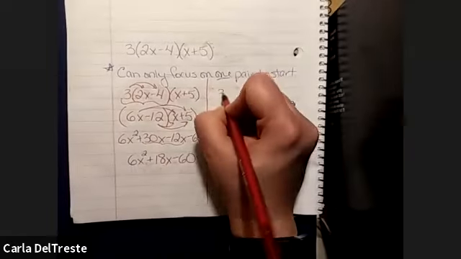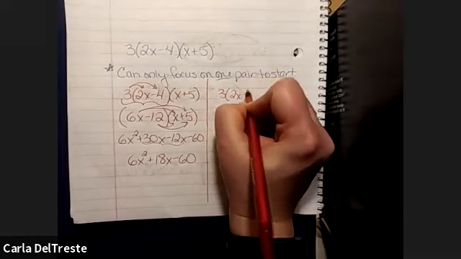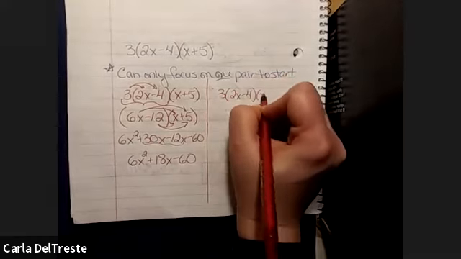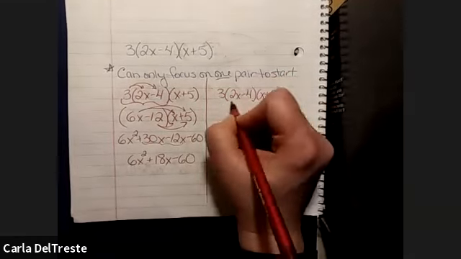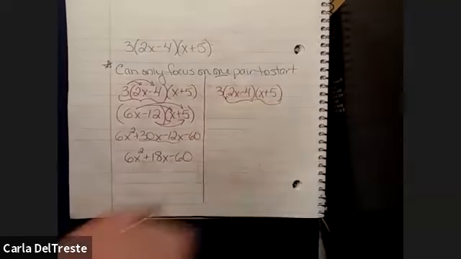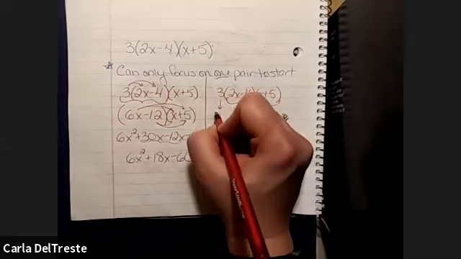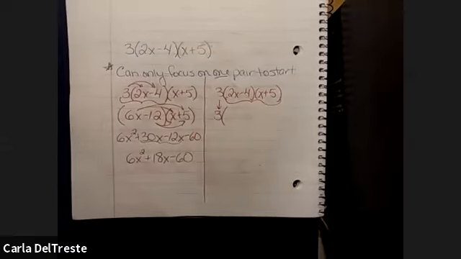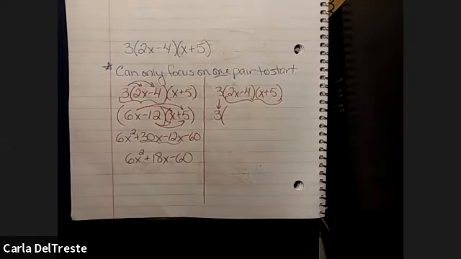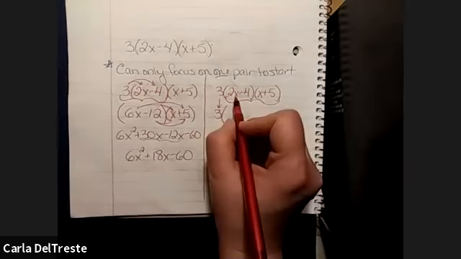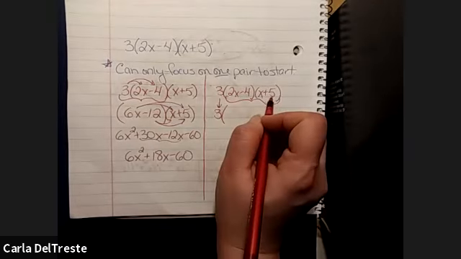Now let's do the same problem, but this time let's multiply the two binomials first, and let's leave the 3 to bring in last. So I'm just going to copy down the 3, and I'm going to create a new polynomial by multiplying 2x minus 4 times x plus 5.